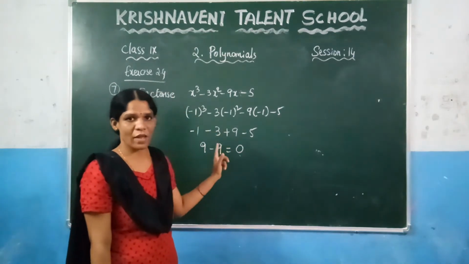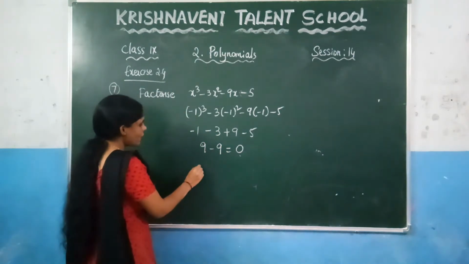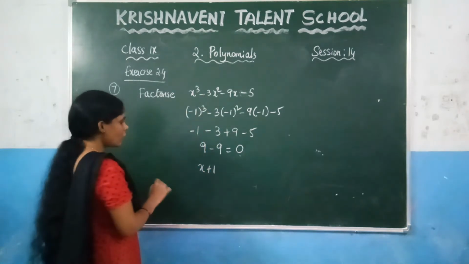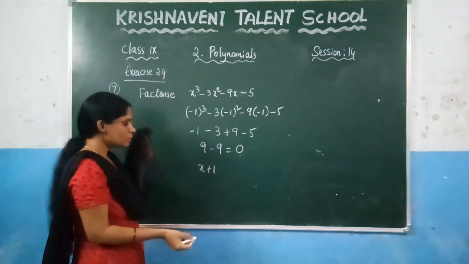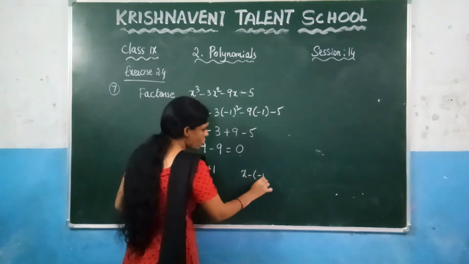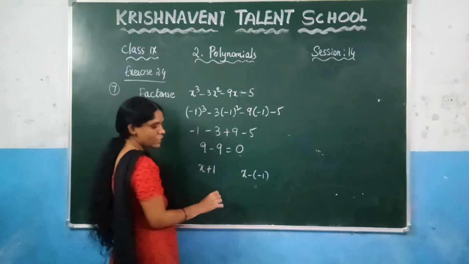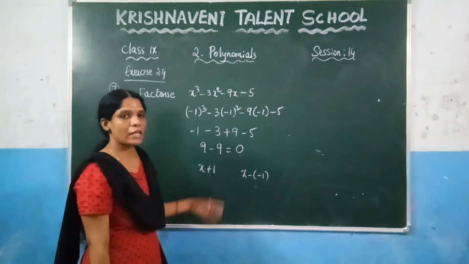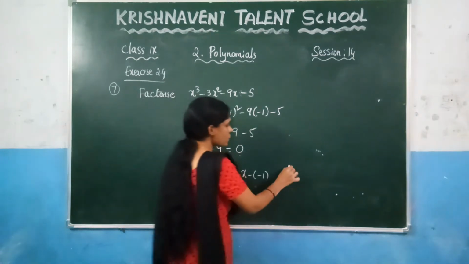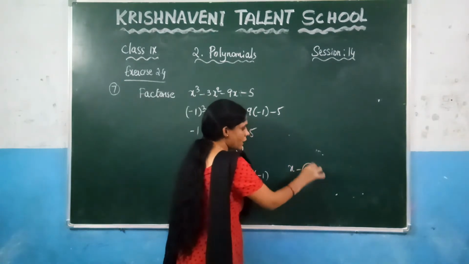So according to the factor theorem, you can say x plus 1 is a factor of this given polynomial. Right? Why have we written x plus 1? You know that you can write this as x minus of minus 1. What the factor theorem says is, if you are dividing any polynomial by a linear polynomial in the form of x minus a, what is a here?